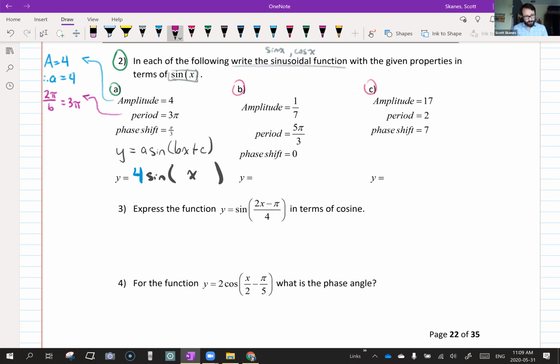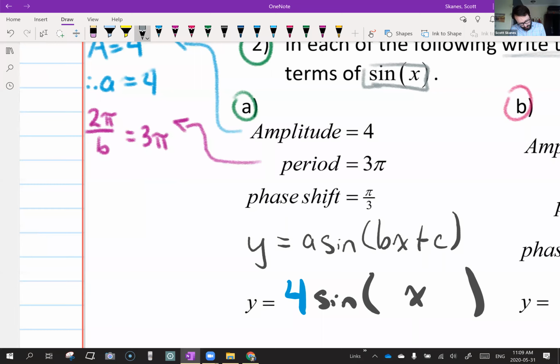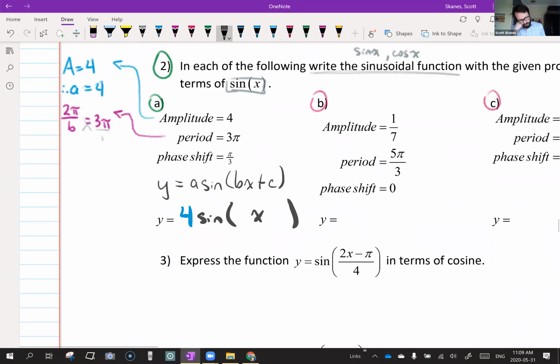Look at this, this is the same as being over 1. You can just do some cross multiplication. You end up seeing that b equals 2 pi over 3 pi. Cancel, cancel. B equals 2 over 3.